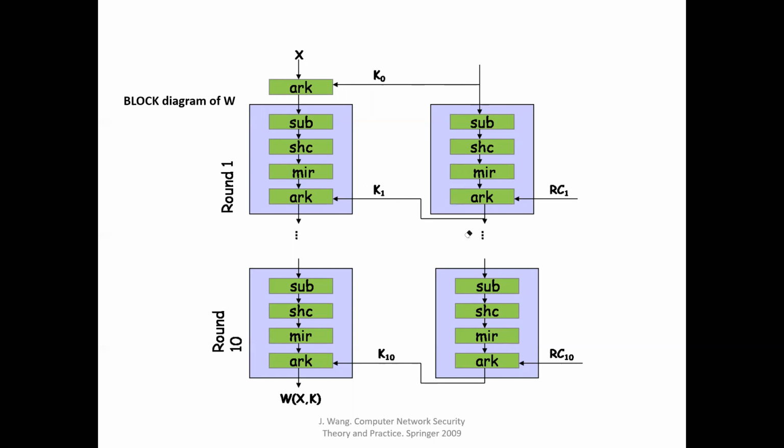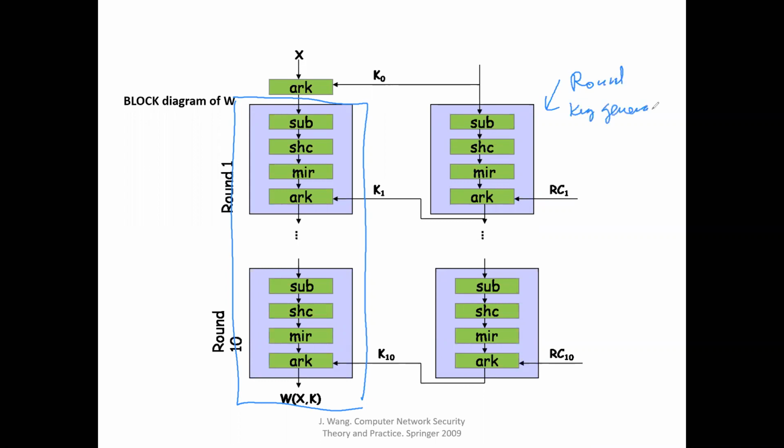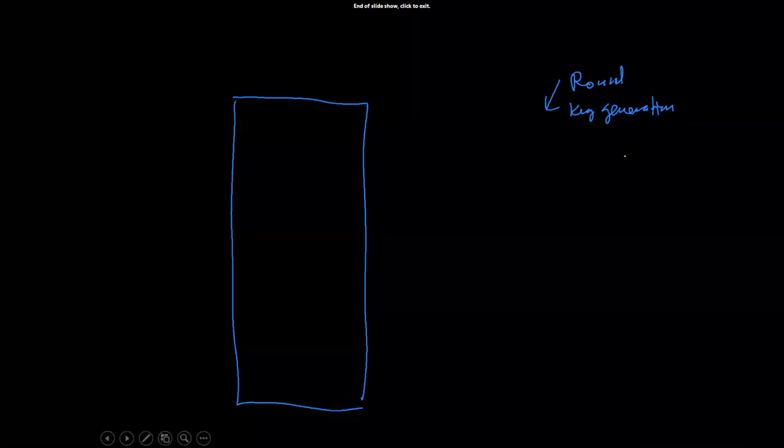Each of these rounds follows the same sequence of operations. So this is round key generation. Okay, so that is Whirlpool.